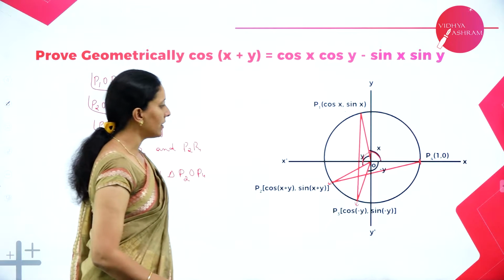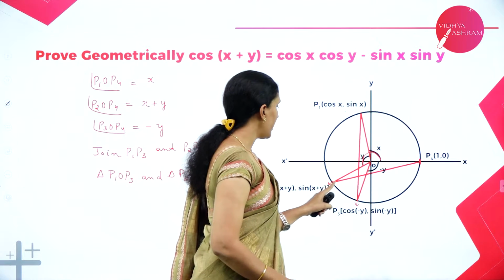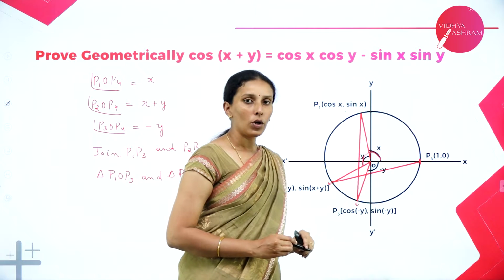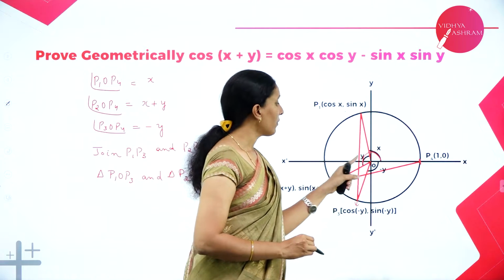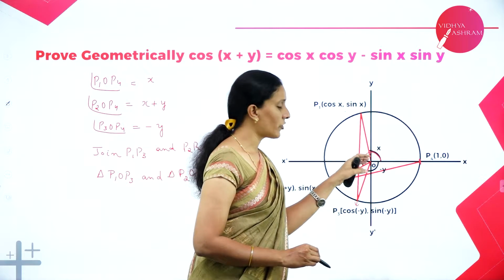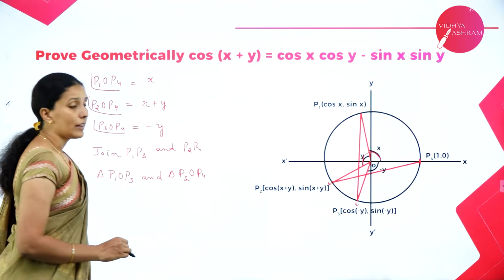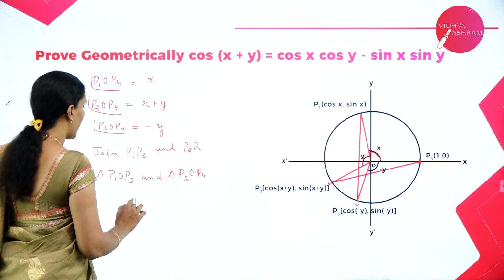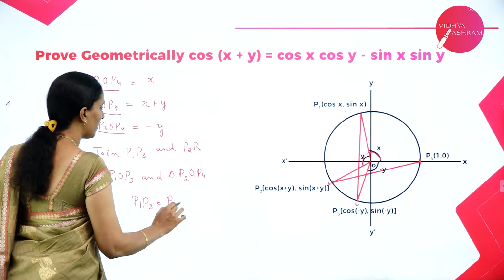Now look here in the diagram, OP4, OP1, OP2 and OP3. What are these? These are radii of this unit circle. Hence, you can clearly say they are all equal. So two sides of the triangles are already equal. Therefore, we can say that the third side can be equated. That is P1P3 can be equated to P2P4.